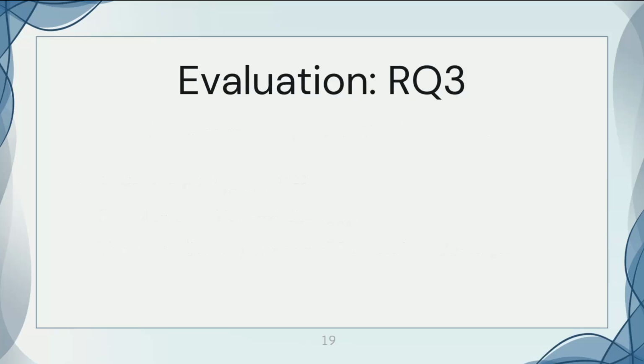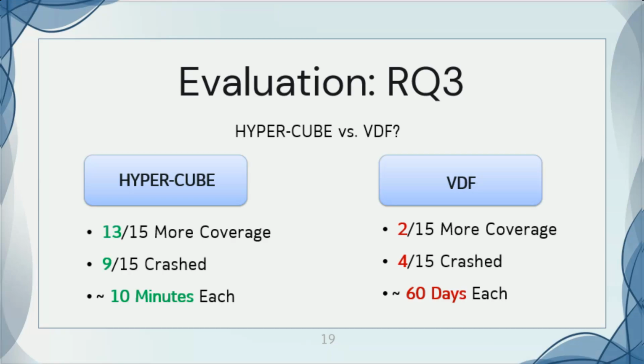For their third research question, they wanted to compare Hypercube with VDF, the other state-of-the-art hypervisor fuzzer that I was talking about, in coverage. It outperformed VDF in a lot of things. In the 15 experiments that they did, Hypercube was able to have more coverage in 13 of those.